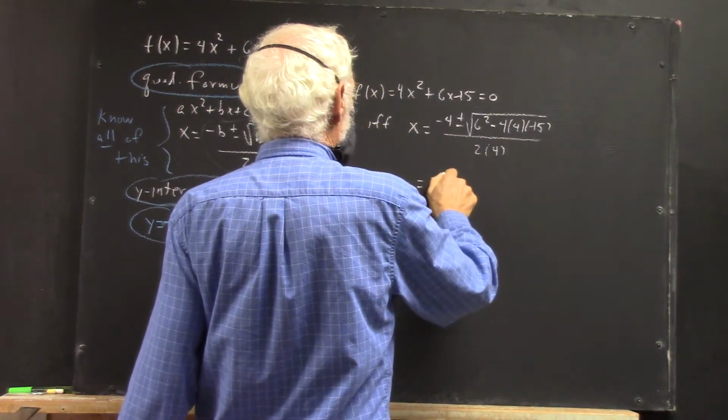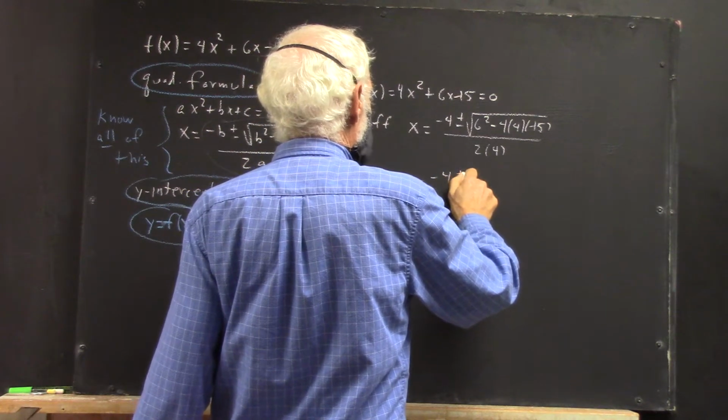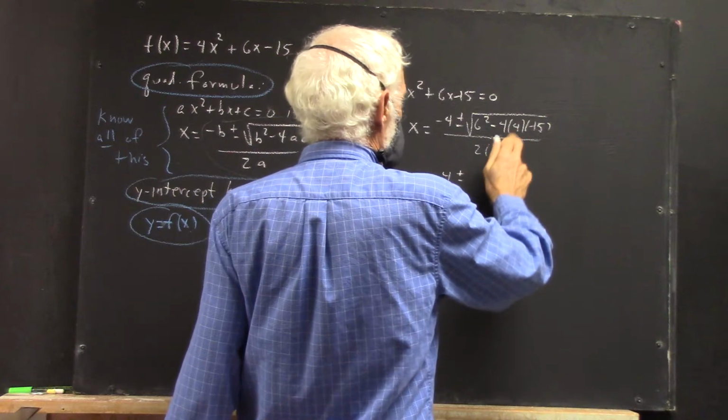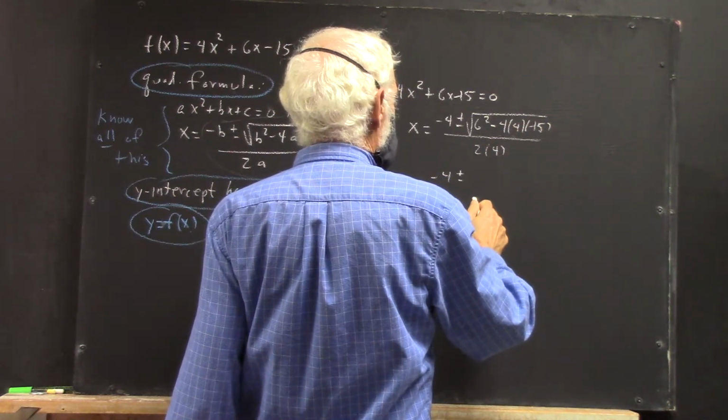We do the arithmetic, we get negative 4 plus or minus... That's going to be 36, and that's going to be 240, so that's 276.